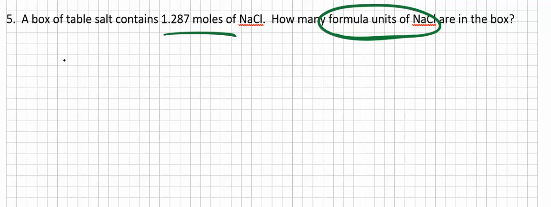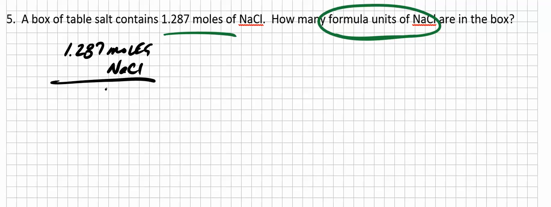In this case, it's 1.287 moles of these formula units. In this case, NaCl. I'll put those over 1. And then I'm going to make another line, just like that. Whatever unit's in the upper left-hand corner will go in the lower right-hand corner. So I've got moles of NaCl right there.